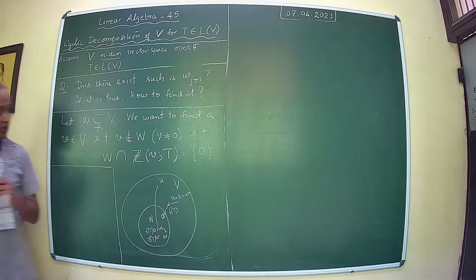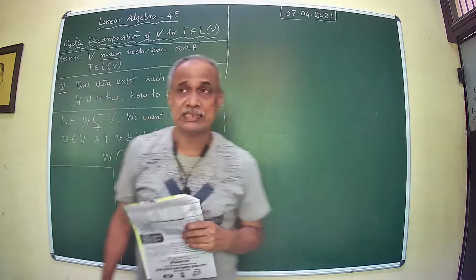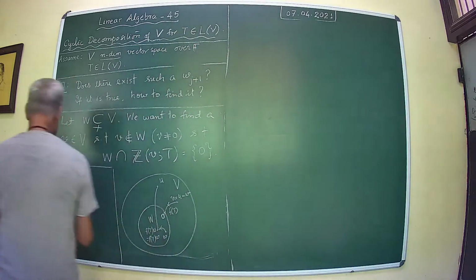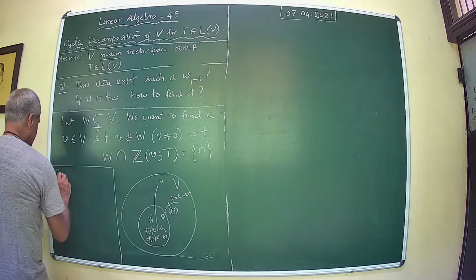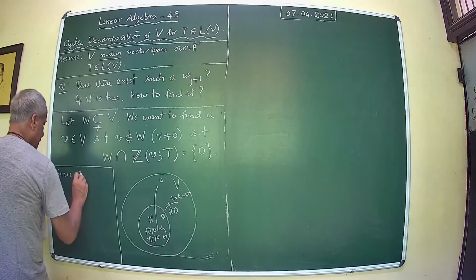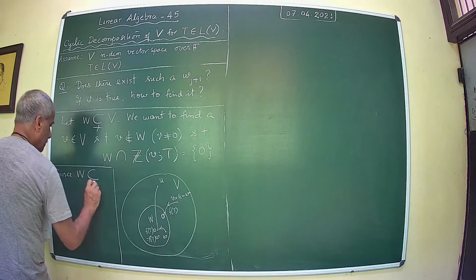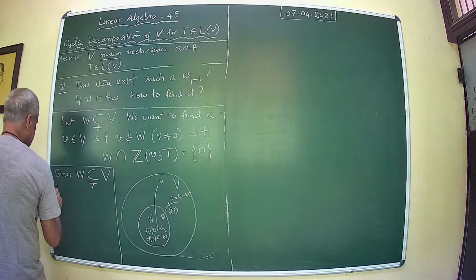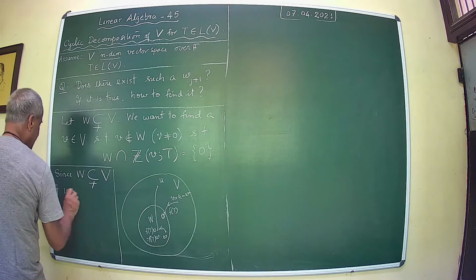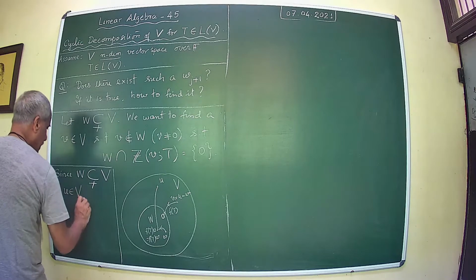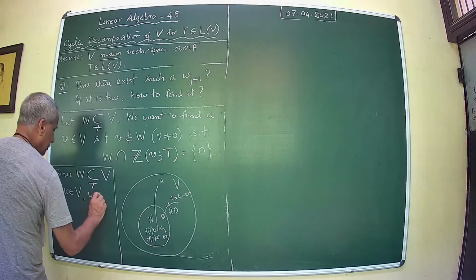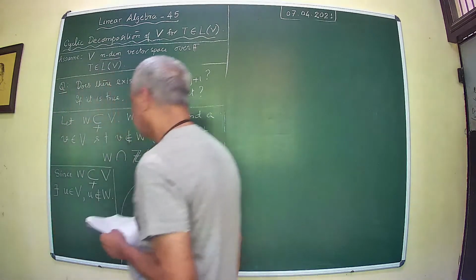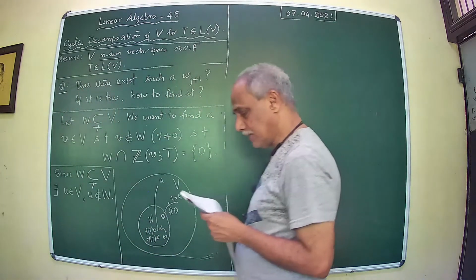After all, since W is properly contained in V, there exists U belonging to V, but U does not belong to W. Okay.